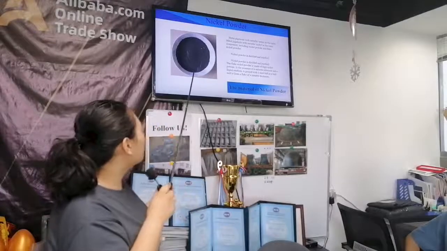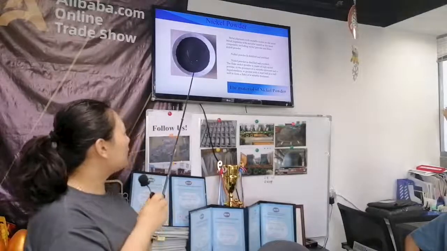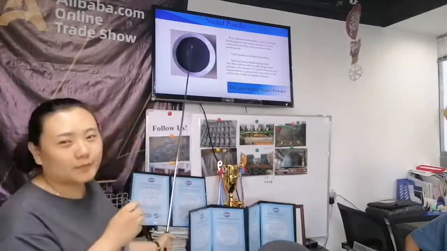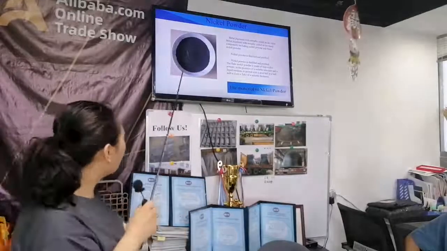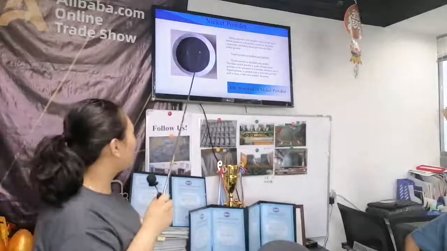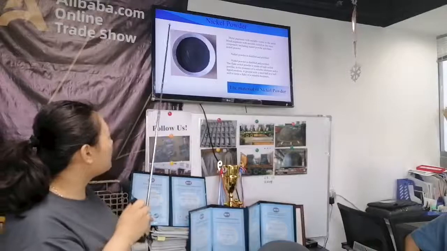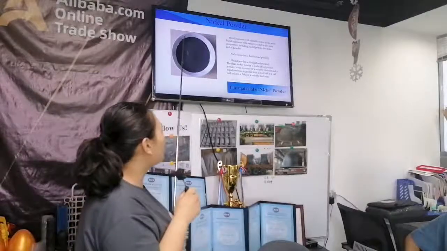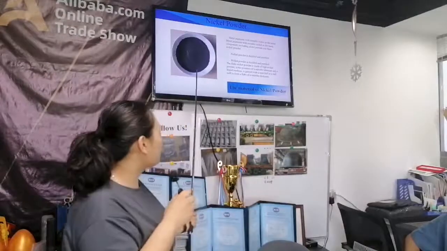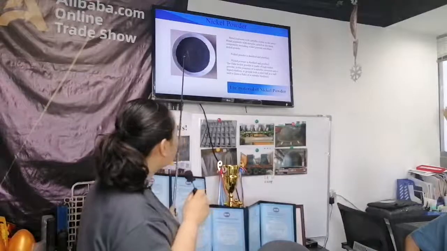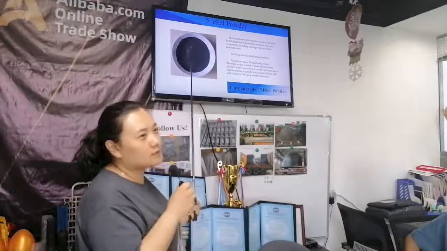The nickel powder is used in plating. The fried nickel powder is made of iron powder. Now the powder is black.